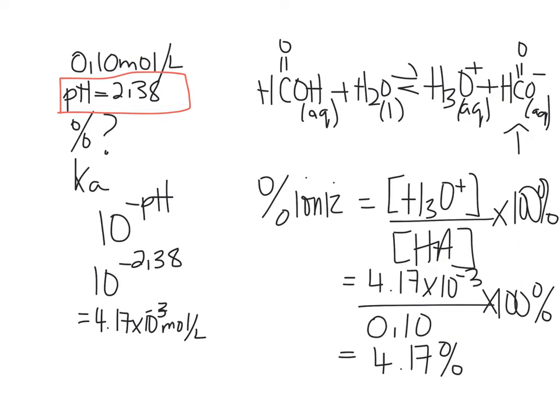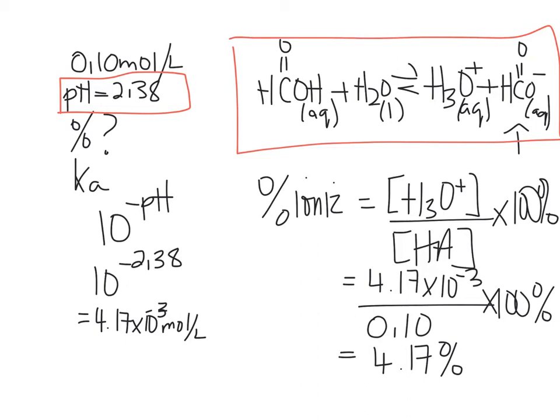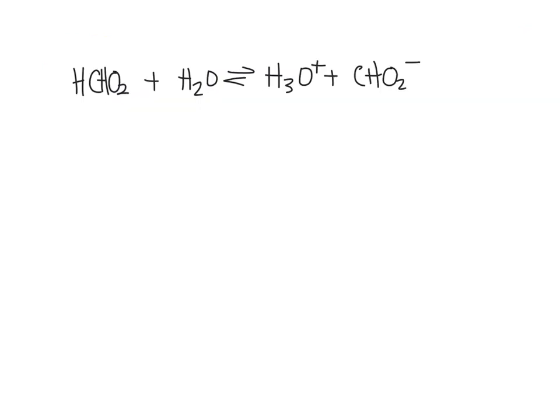For the next part, to figure out the Ka value, we need to use this information. So we have to set up an ICE table. Initially, we're told our acid is 0.1 mole per liter. Initially, we have no products.